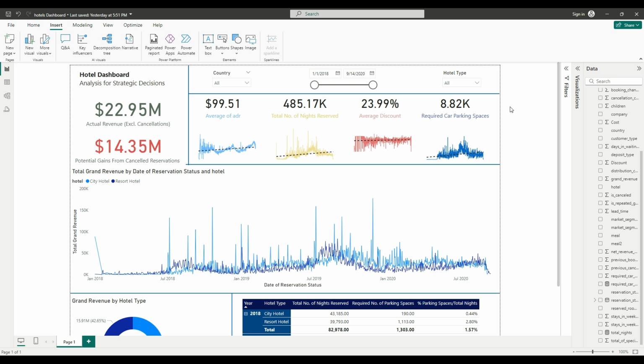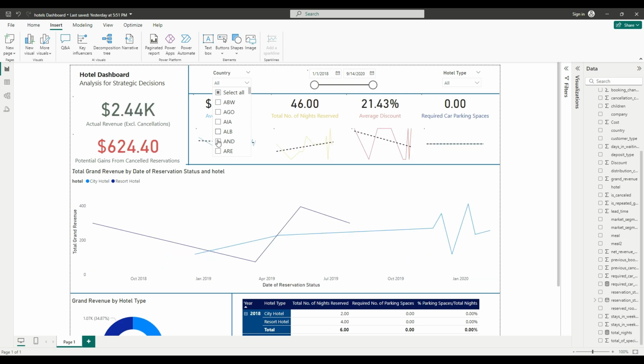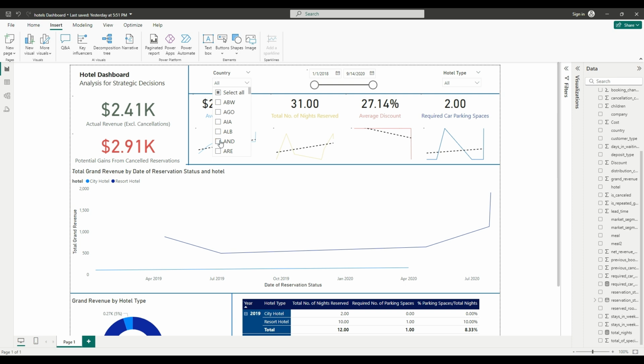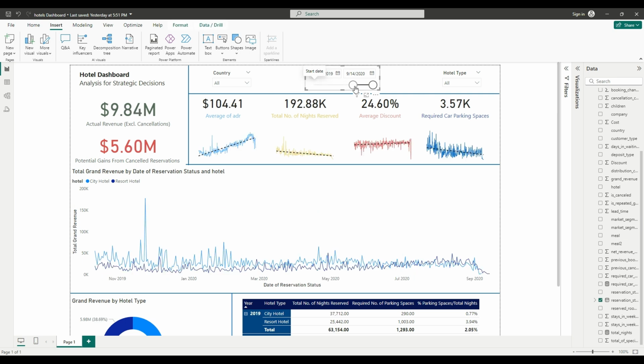And then again, we do have a few of these trends to explore for the stakeholders, which include the daily rate, the total number of nights reserved, and the average discount. Of course, we want to leave the explorative part in the hands of the stakeholders. So what we did is we tried to give them a few keys here. They get to decide which country they want to look at, according to the available data, of course. And what particular dates do they want to look at? Like more recent data, or is it before COVID was even a factor?